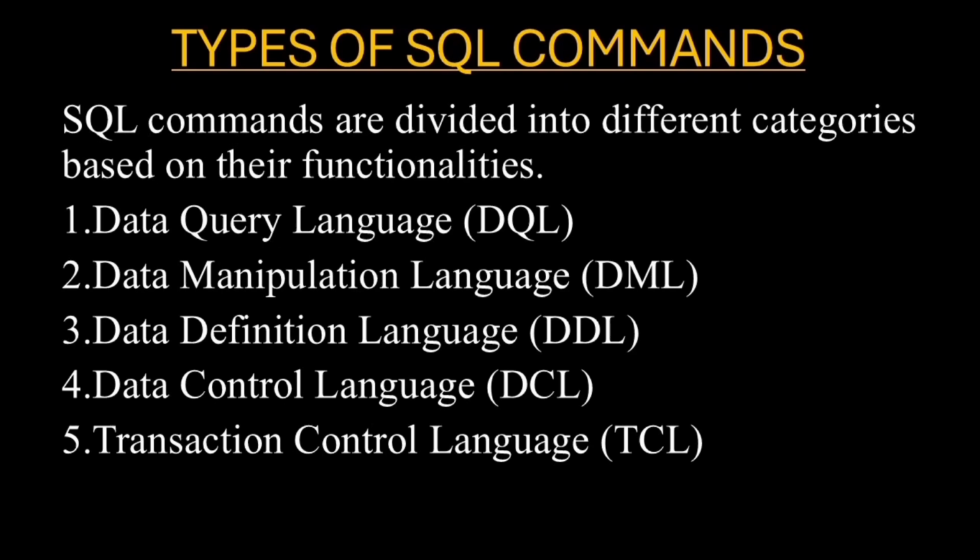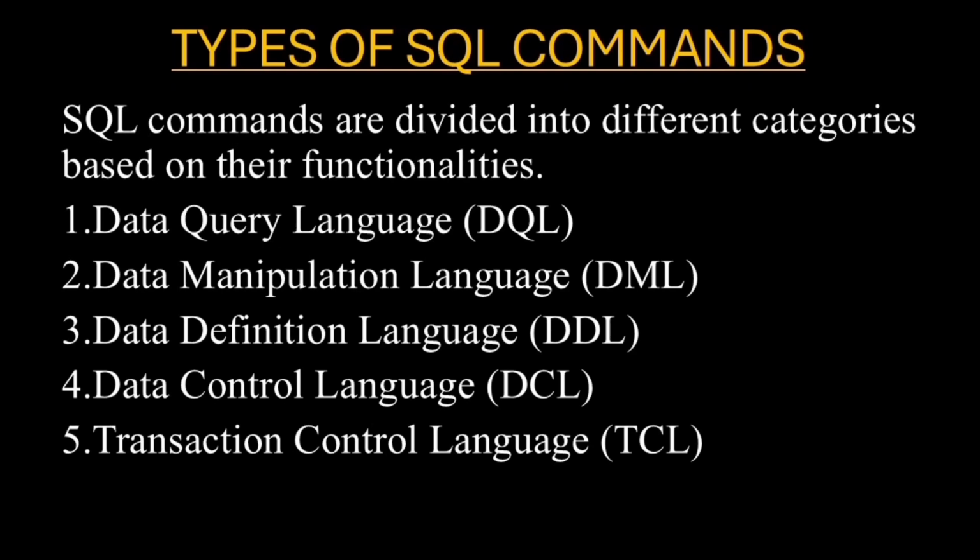Coming to the third type, Data Definition Language or DDL commands, which are used to define and manage the structure of the database. These commands, such as create, alter, and drop, help in defining and changing the schema or database objects. Coming to Data Control Language or DCL commands, these are essential for managing access control within the database.